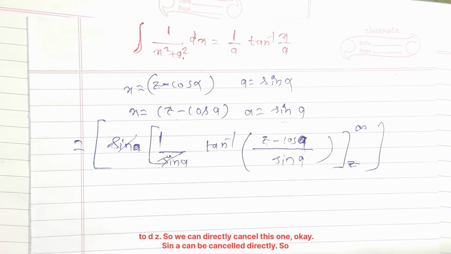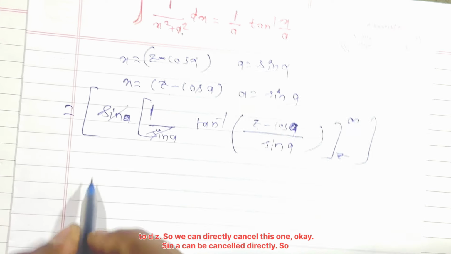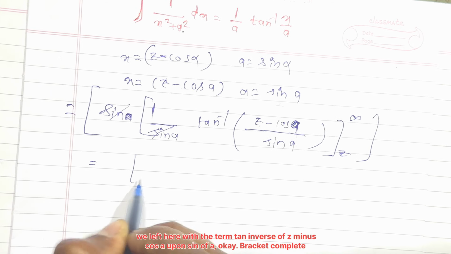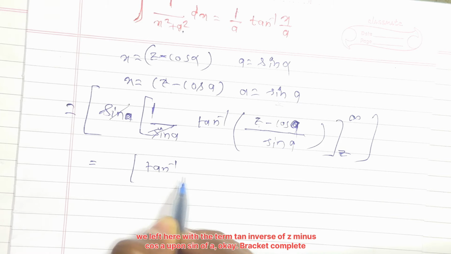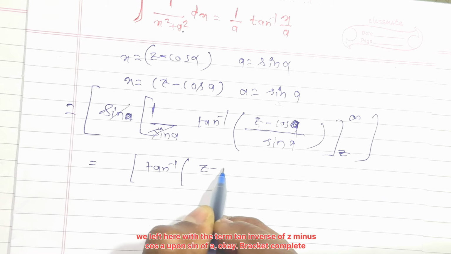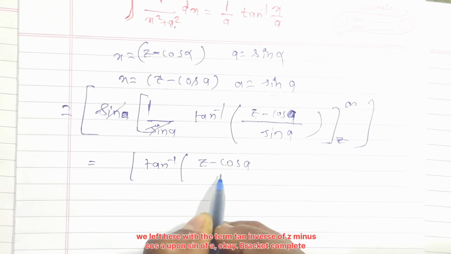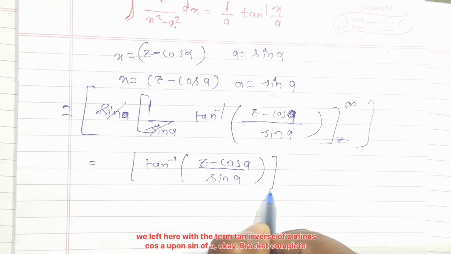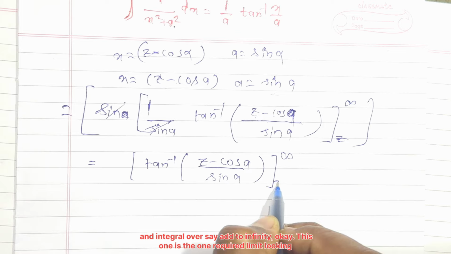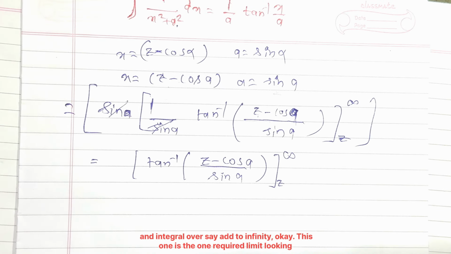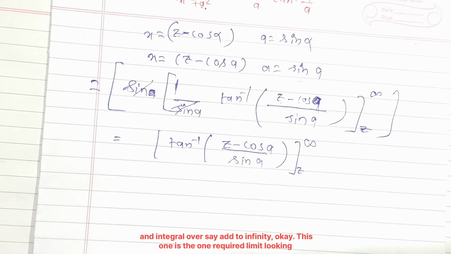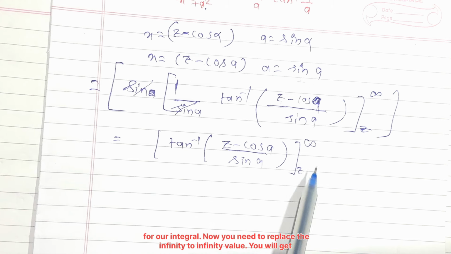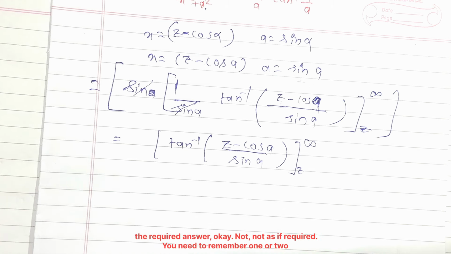We are left with the term tan inverse of z minus cos a upon sine a, bracket complete, with integral over z to infinity. This one is our required limit for our integral. Now we need to replace the infinity value, and you will get the required answer.